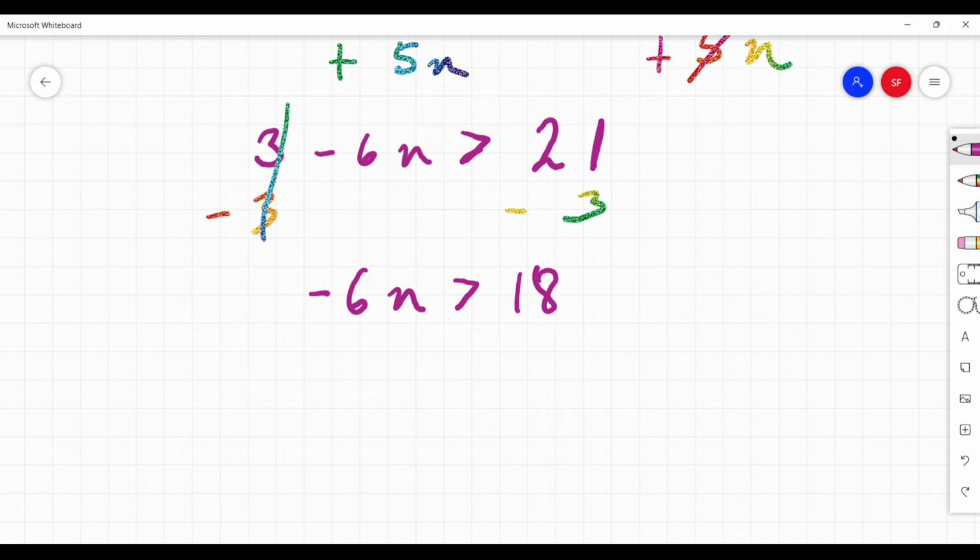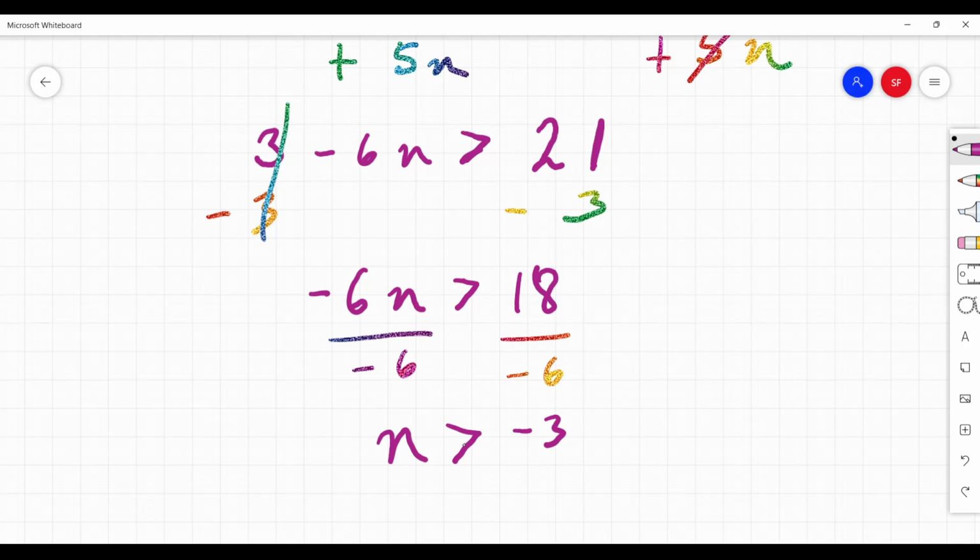Now what? Divide both sides by negative 6. So it's going to be n is greater than negative. There's a mistake on the board. Where is it? I actually did it on purpose for once. Oh, yeah. The inequality flips around.